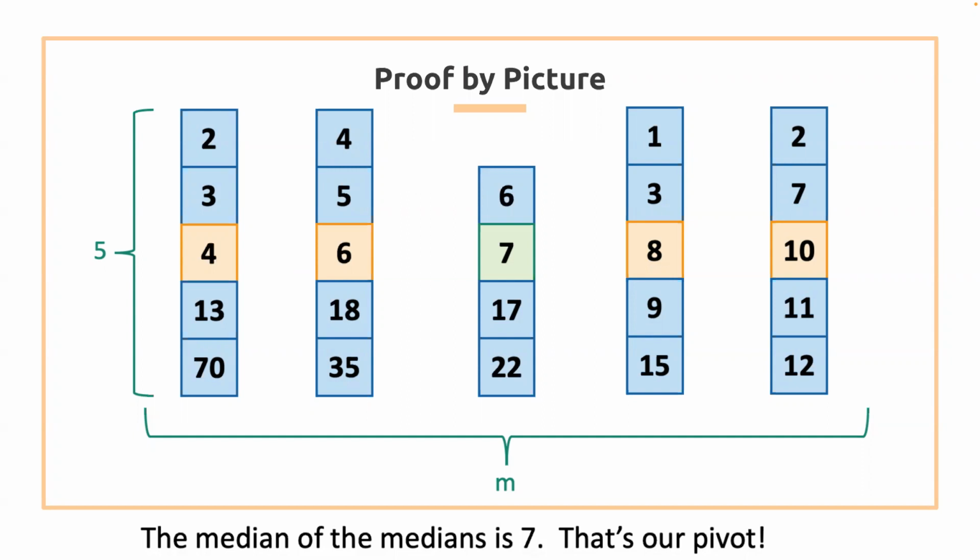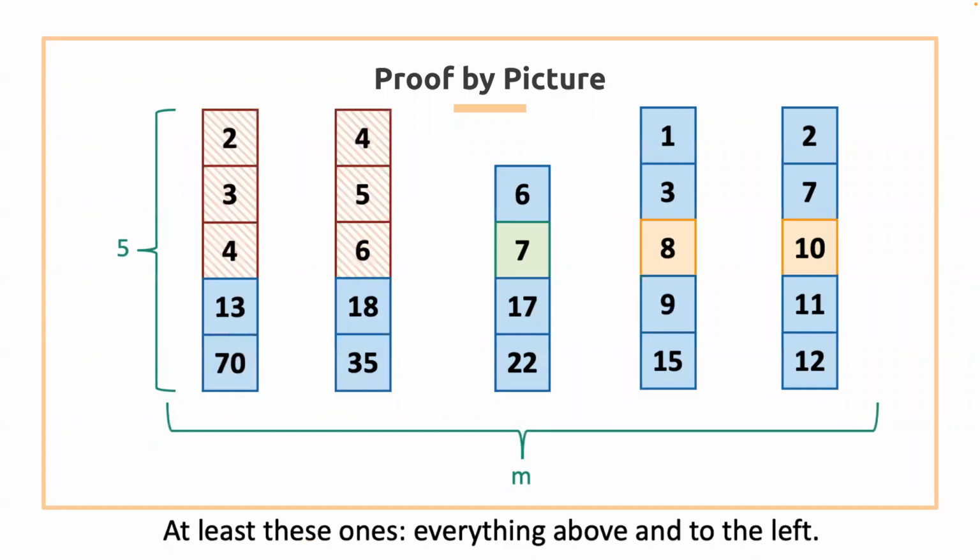But for sure they're smaller than 4. And we know 4 is for sure smaller than 7 because our algorithm did look at this. So these 3 have to be smaller than 7. That also means these 3 have to be smaller than 7. You also know that the 6 is smaller, but at least you know these are smaller.